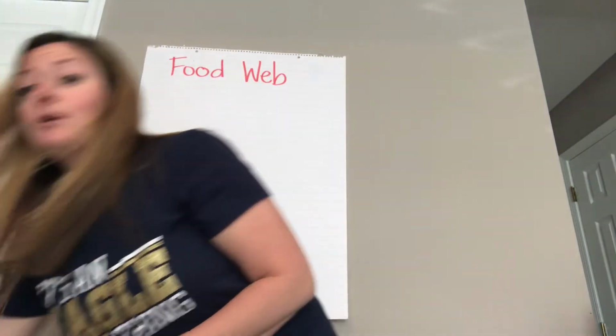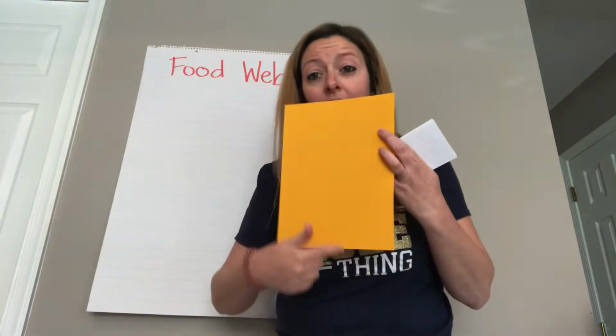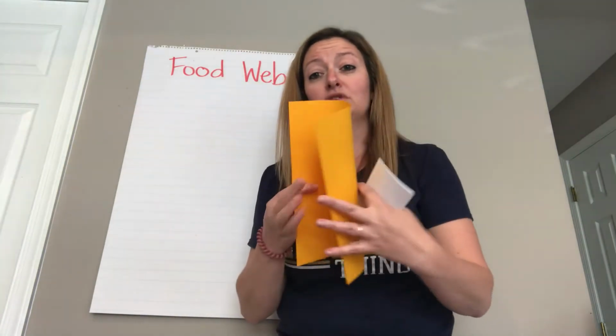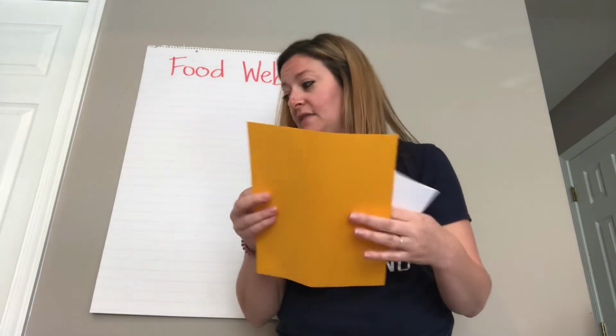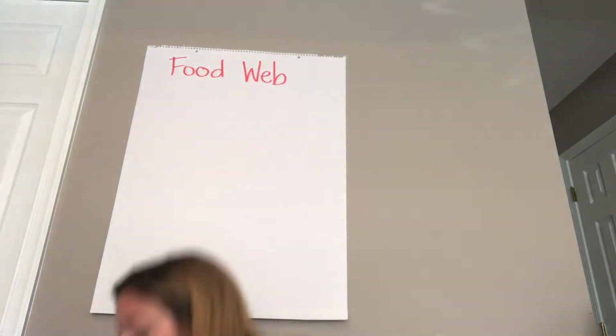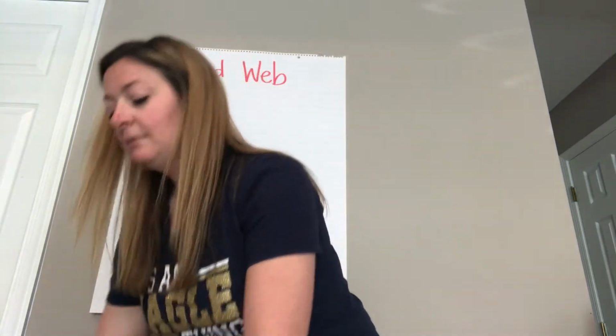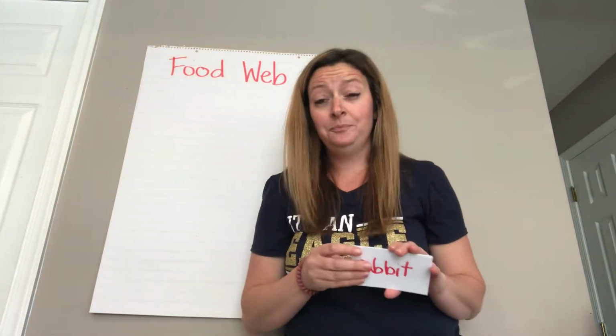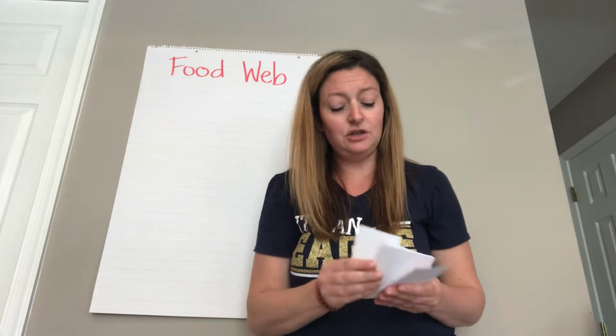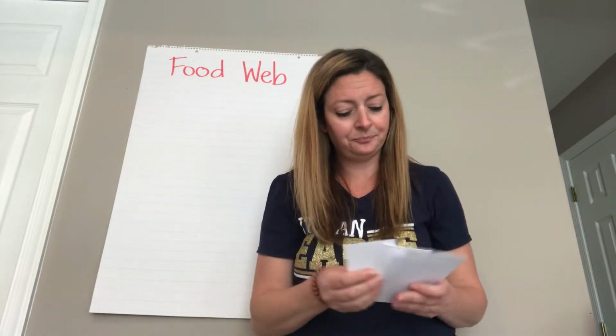If you just have regular paper, you can actually just cut it right up the middle, cut it in half, and then cut it in half again, and you'll get smaller cards. Look somewhat like this. Okay, so I'm going to show you what I want you to write down. This way you can get those written down, and then you can try to set up your food web.